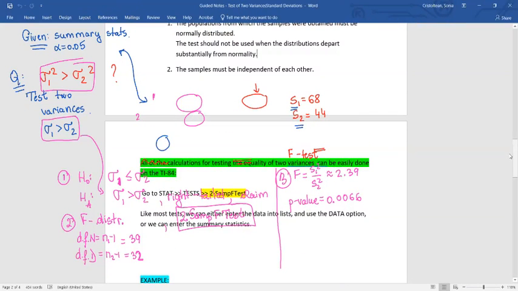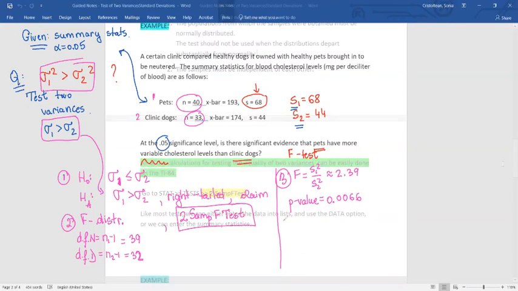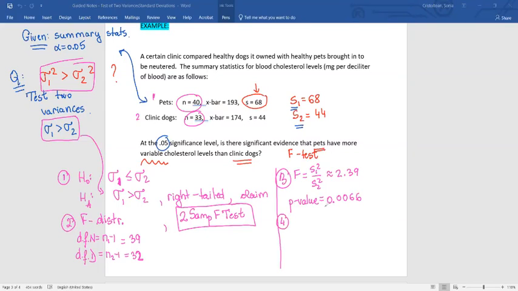And I can continue now with the test. This will be step 4. The p-value is 0.0066, which is less than or equal to 0.05, which is alpha. I should have written down this in here. I put this down here, which means we reject H sub 0.